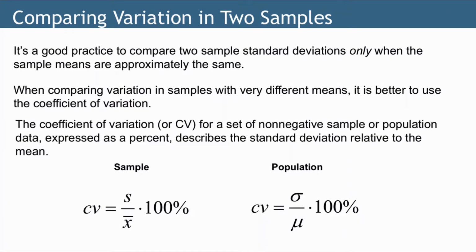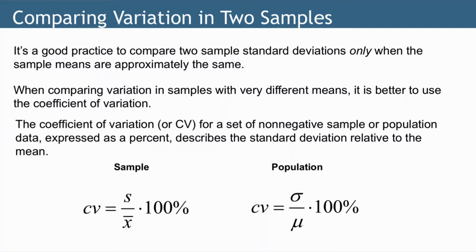Another way to compare things and talk about spread is this thing called the coefficient of variation. And so this is how you can take 2 data sets that aren't quite the same and then talk about what's more spread. Because if they don't have the exact same center, it's not fair to compare their standard deviations, right?